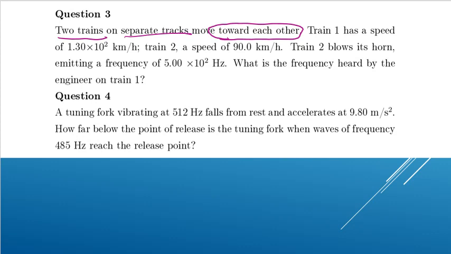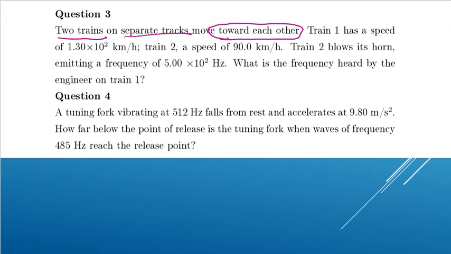Train 2 has a speed of 90 kilometers per hour. Then they're saying train 2 blows its horn, emitting a frequency of that. So train 2 in this case is the one which is making sound. So in this case, train 2 is the source. And what's the speed for train 2? Of course, the speed for train 2 is simply 90 kilometers per hour.